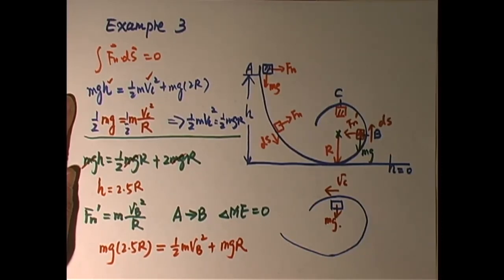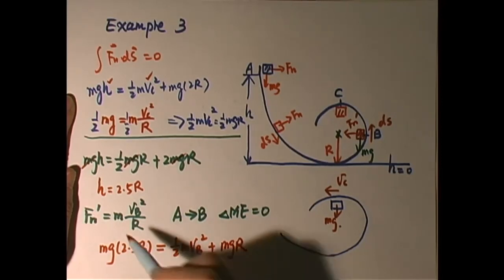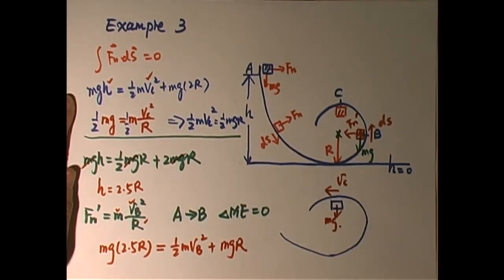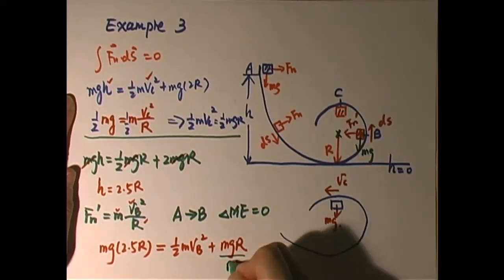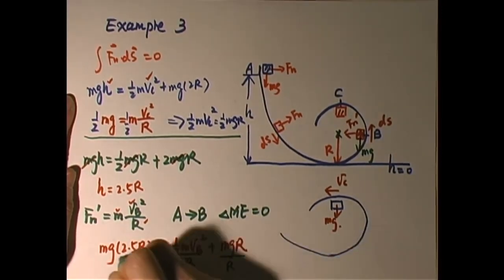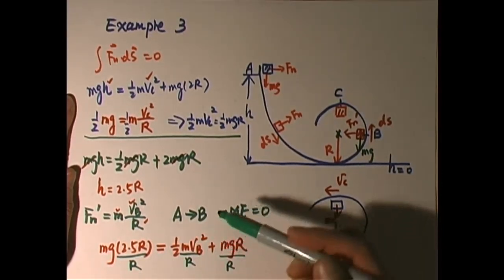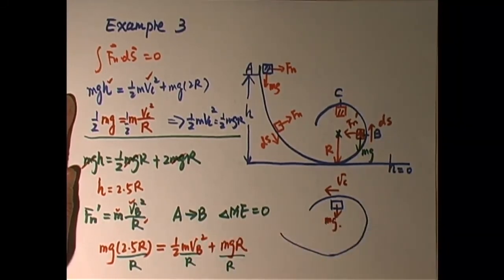So what do we want? Actually this combination. Let's divide every term by r and multiply both sides by 2, so we get mvb squared over r. The r cancels on both sides.